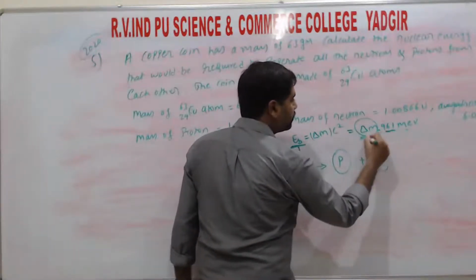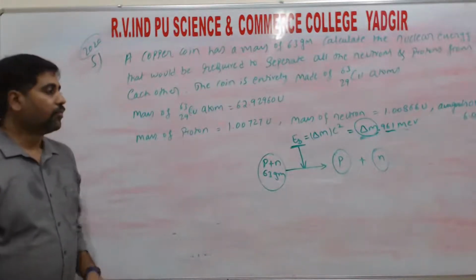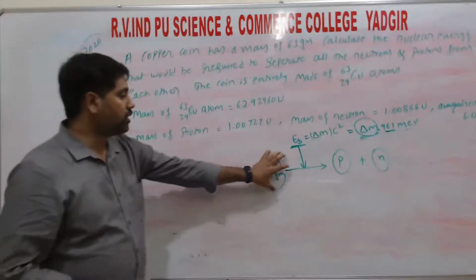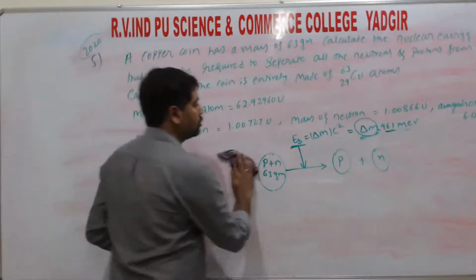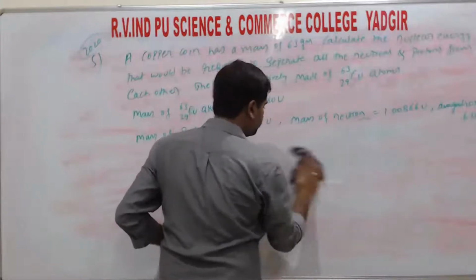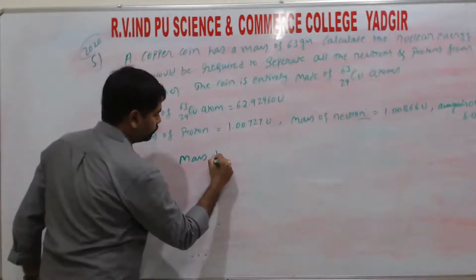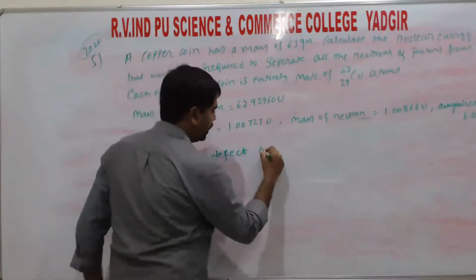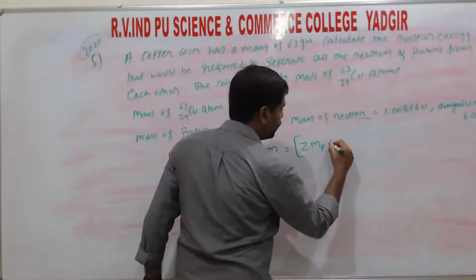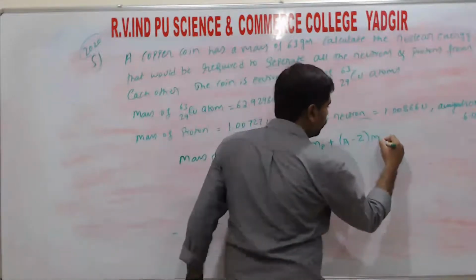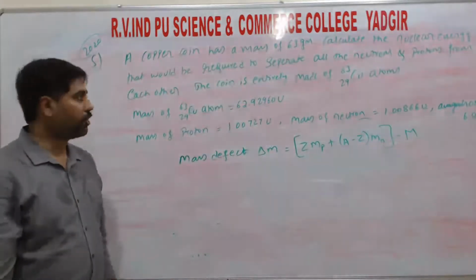So first we need to find this delta M. So delta M is the mass defect. First we need to find the mass defect, then we can find the energy which is required to break the nucleus of the copper coin, right? So for that we have mass defect delta M. The formula: mass defect delta M is equals to Z into Mp plus (A minus Z) into Mn minus M, that is the rest mass.